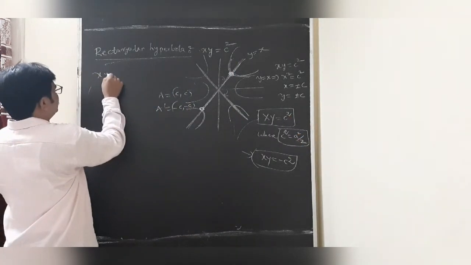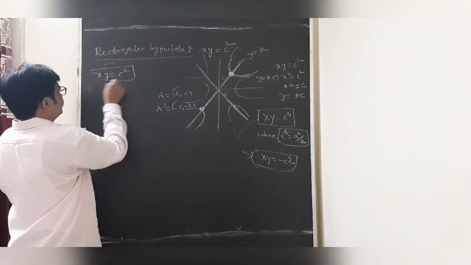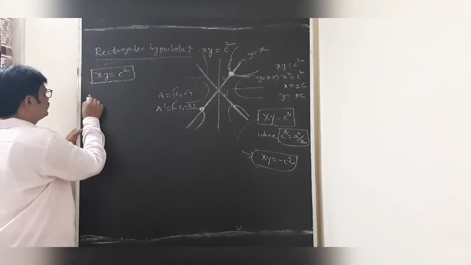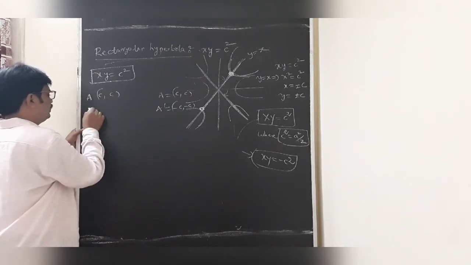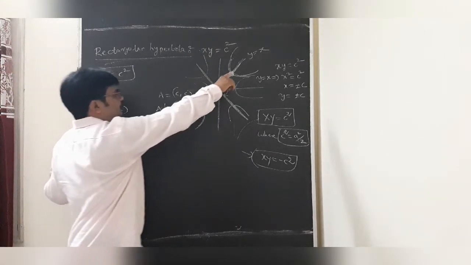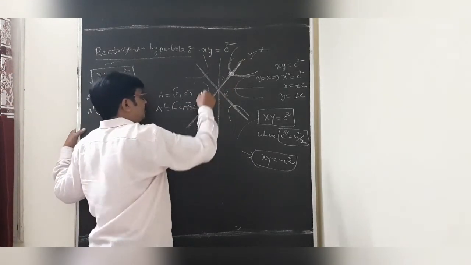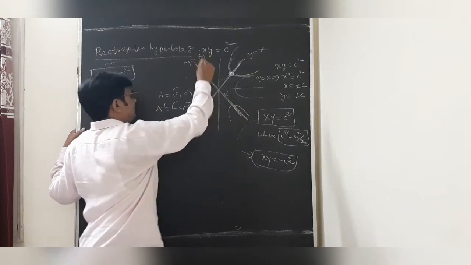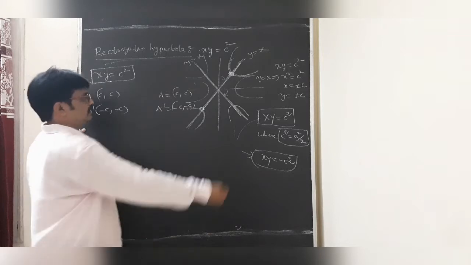So xy equals c square, my dear students, is the rectangular hyperbola whose vertices are (c, c) and (minus c, minus c). When we substitute, the transverse axis is y equals x. This is the conjugate axis, y equals minus x.